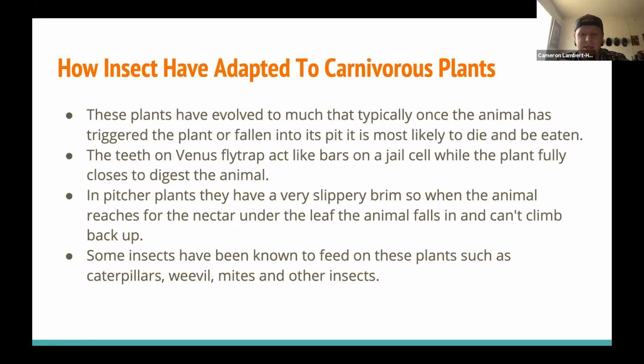The pitcher plants have teeth underneath and slippery brims so that the animal can't crawl back out but slips in. There are some insects that have been known to feed on these plants, such as caterpillars, weevils, mites, and several other insects that sit under the capturing part of the plant and eat its leaves, where the plant can't get to them and they can't get to the capturing part.